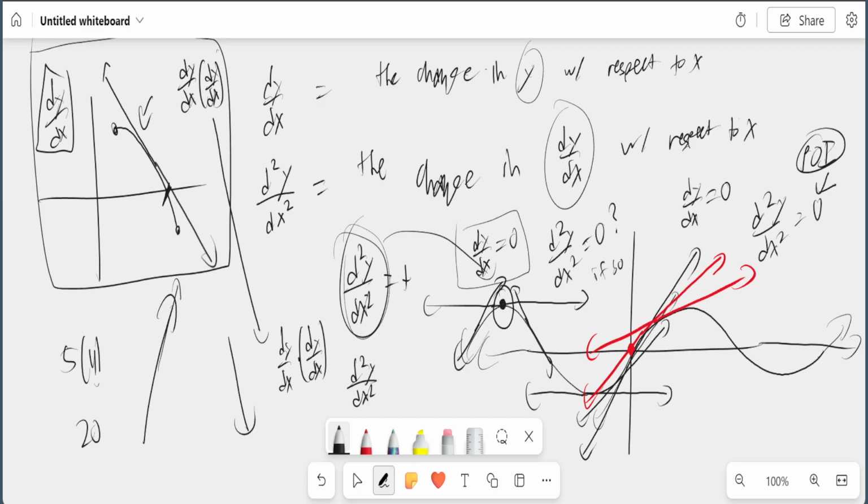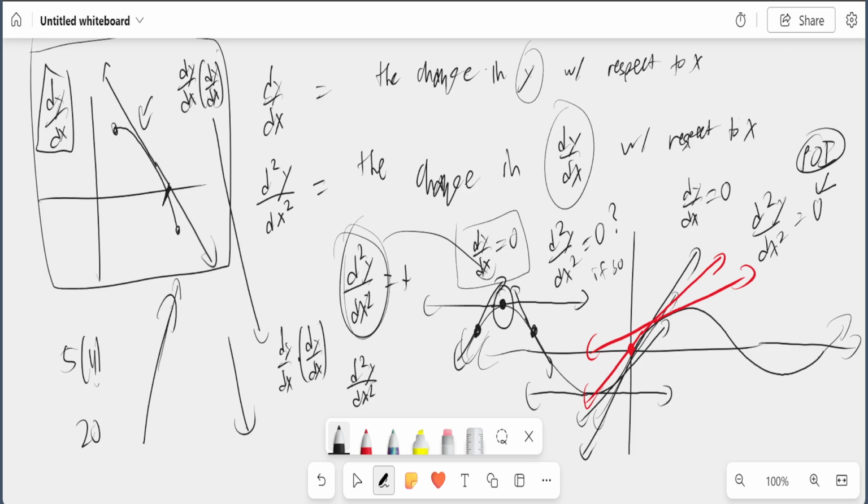And we know that right here it's positive, and right here it's negative, right? So that means the dy dx had to change negatively to go from positive to negative, right?